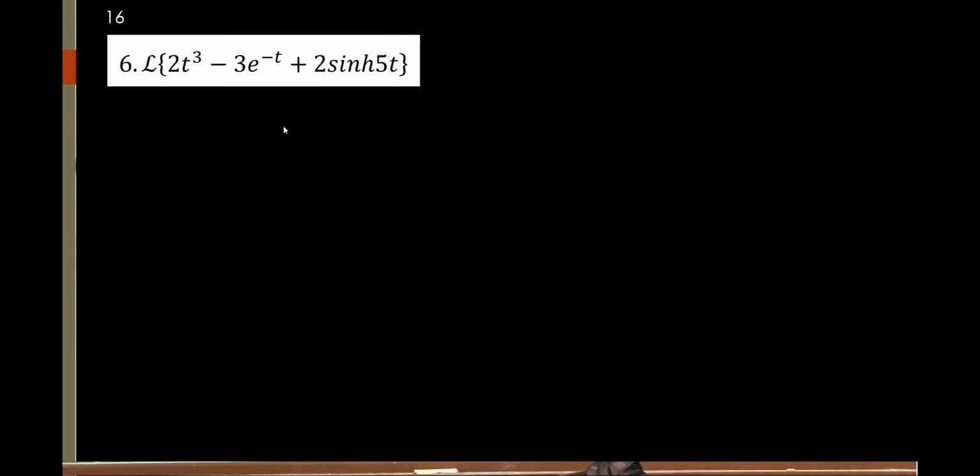So here, let's try this, guys. Let's try mentally. Go. 2 times 3 all over s to the 4. That's correct. Minus, so 3 factorial is actually 6 times 2.